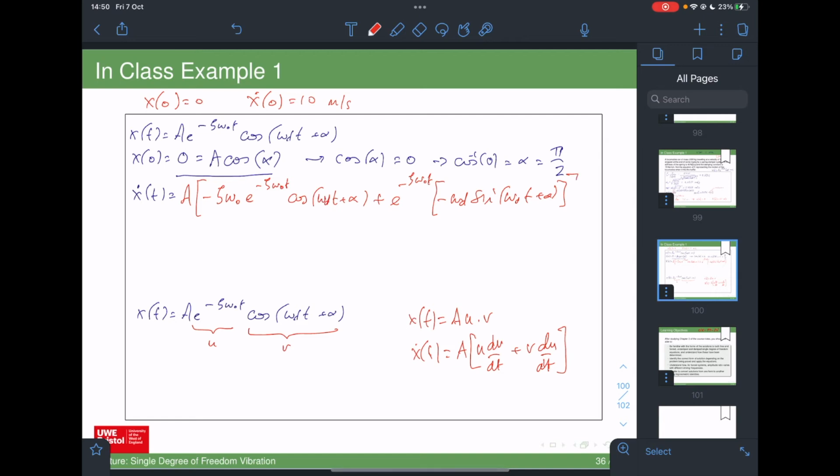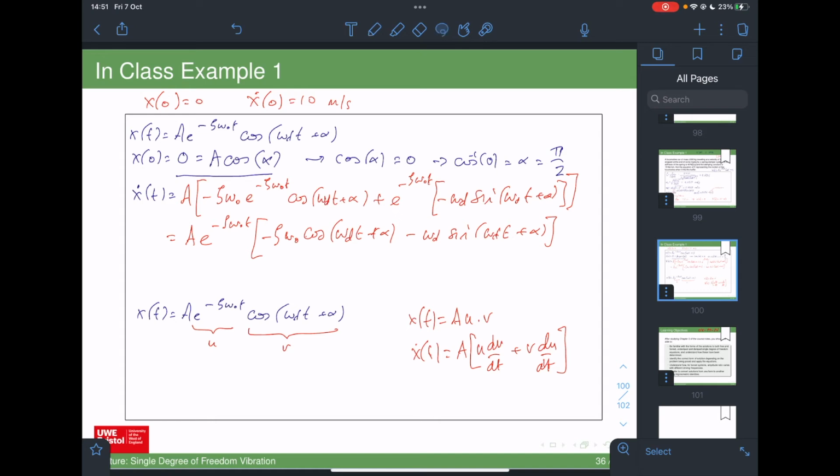Okay, now I'm going to simplify that out, so I've got A e to the minus zeta omega naught t, minus zeta omega naught cosine omega d t plus alpha minus omega d sine. Okay, so that's my derivative.